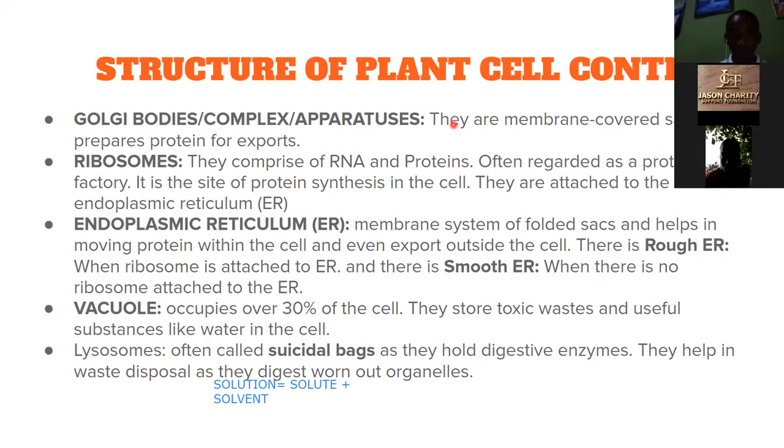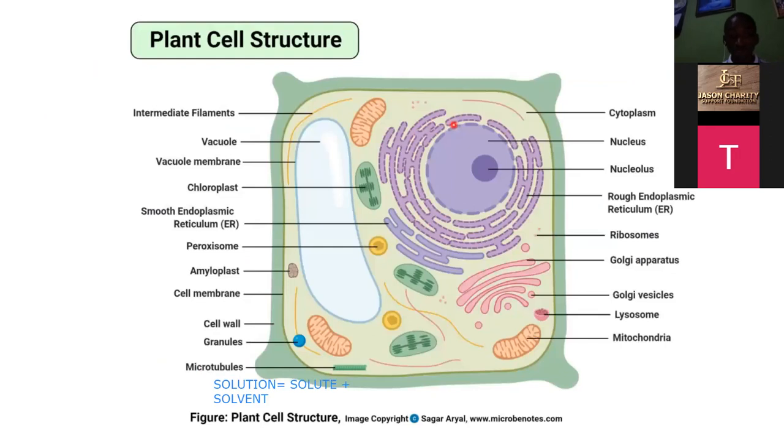We know the functions of proteins. Apart from the human body, we know what proteins do, right? Now, the Golgi apparatus prepares the protein for export. So let's go back and see what the Golgi apparatus looks like. This is it.